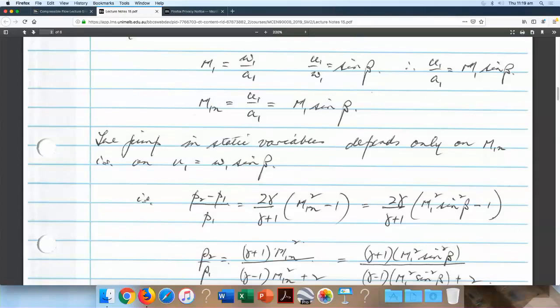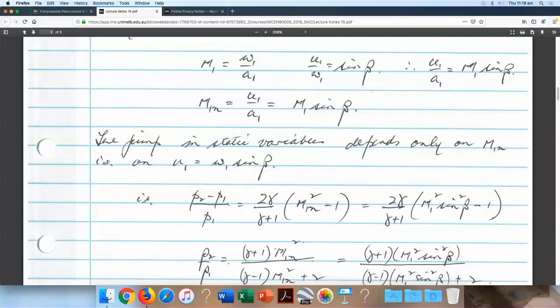P2 minus P1 over P1 is 2 gamma over gamma plus 1, M1n squared minus 1. That's the normal shock Mach number coming into the shock.